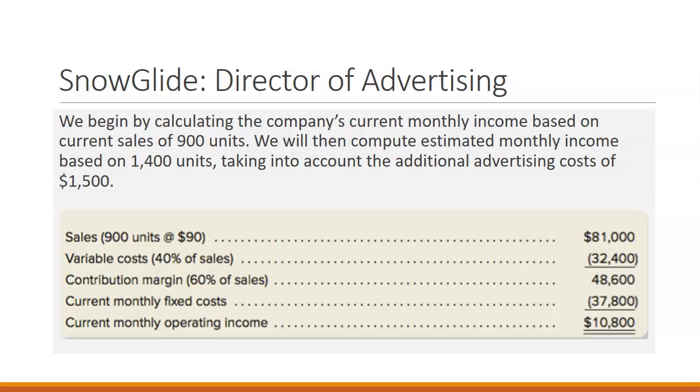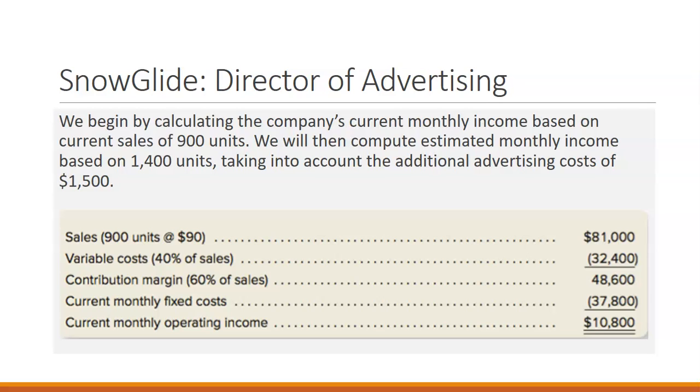So she's going to look at what is the current operating income based on sales of 900 units. Then we're going to compute an estimated monthly income based on 1,400 units, taking into account the additional advertising cost of $1,500.